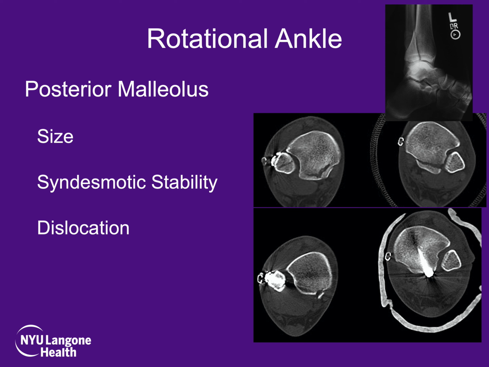In addition, any posterior malleolar fracture with a posterior dislocation should be considered for direct fixation of this fragment. This can be done either from posterior to anterior or with indirect reduction and anterior to posterior screws.